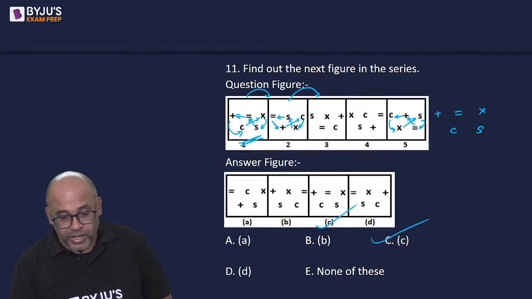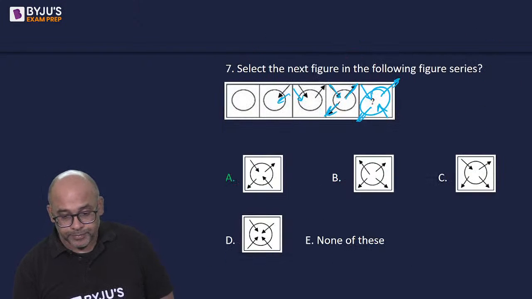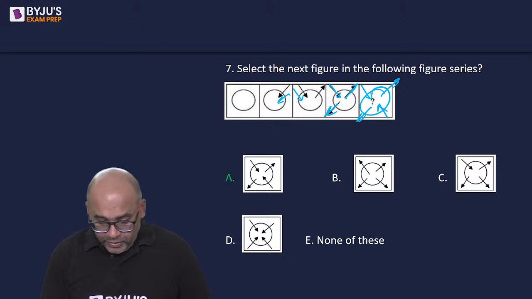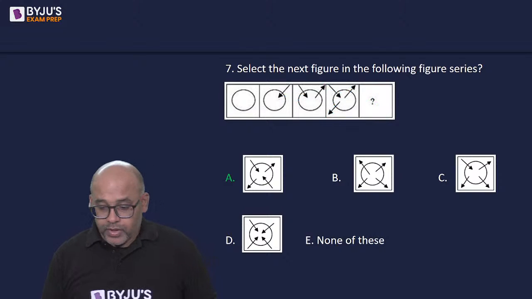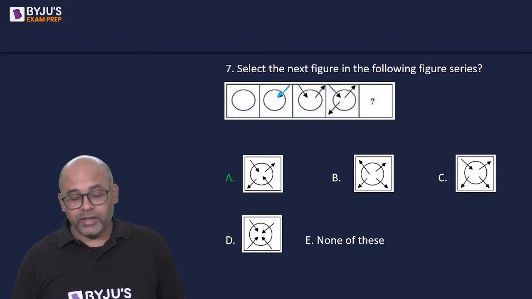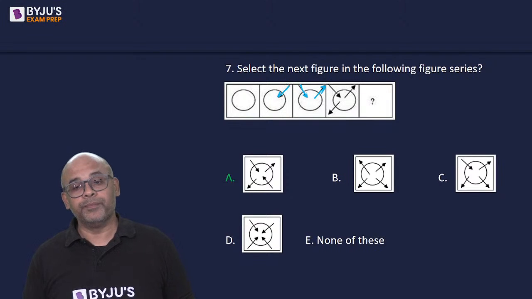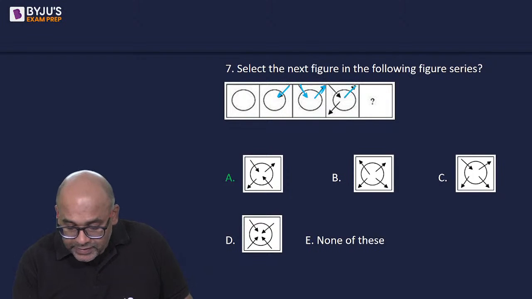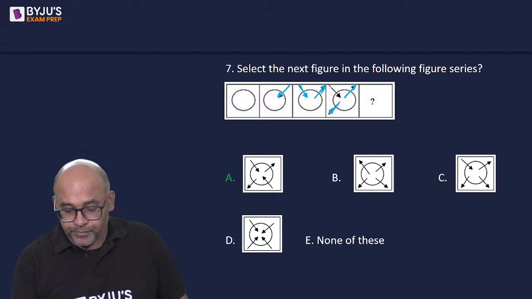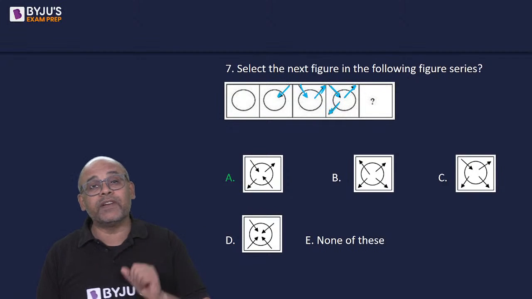Now somebody was talking about question number 7. Let's understand what is happening in question number 7. You have an arrow coming in, and then it is opposite, and then an arrow came in, then again this remained the same and this came in. Are you able to identify a pattern here?